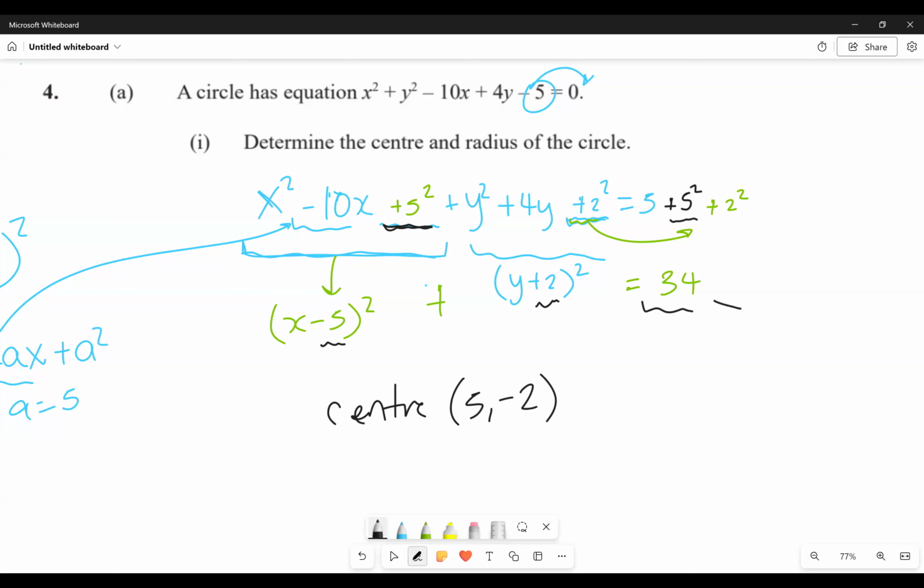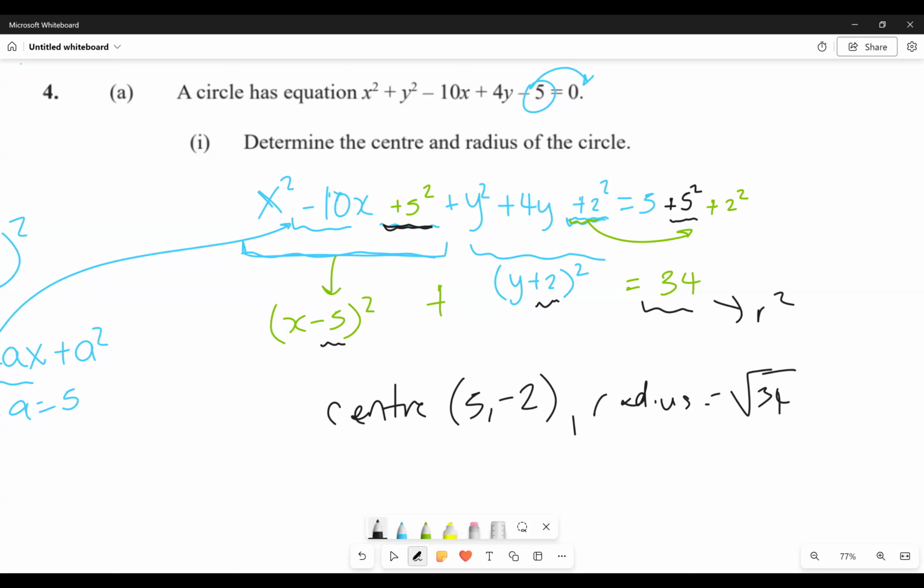And this, remember, is the radius squared. So it has the radius of square root 34. Any issues with this question? Made sense? Any issues? I'll assume no. Okay.